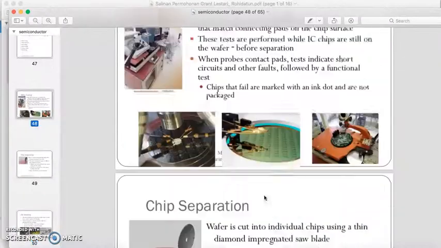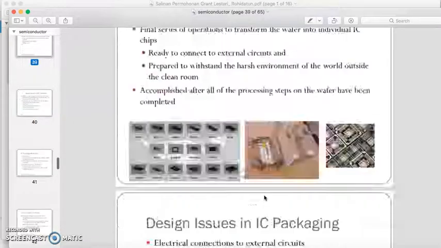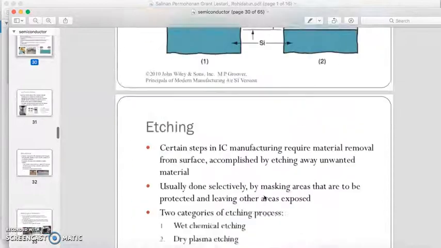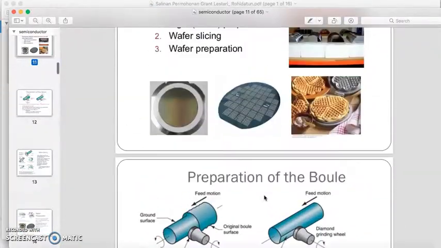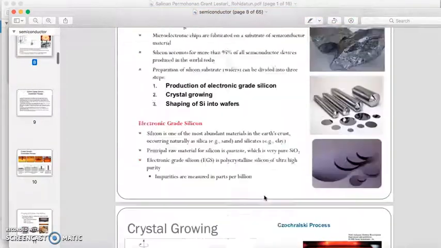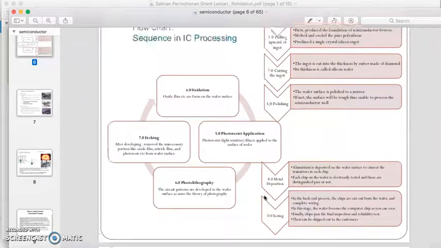Okay, I think this is the discussion on IC production. So I hope you remember the process of IC production. We go back to the slide on the general view of IC production or IC processing.